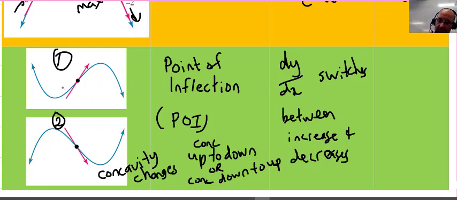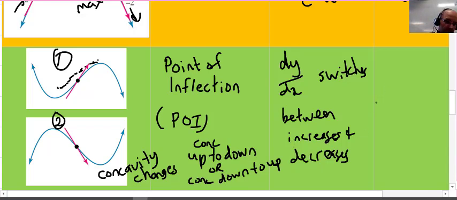On this one here, the first derivative was increasing. Now it's starting to decrease. It's still going up, and it's still positive, but it is decreasing. So it switches between increasing and decreasing.